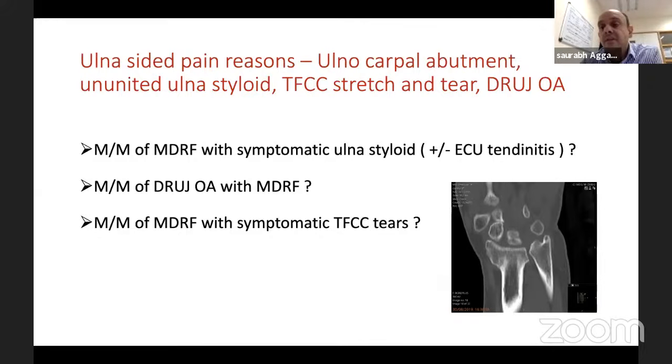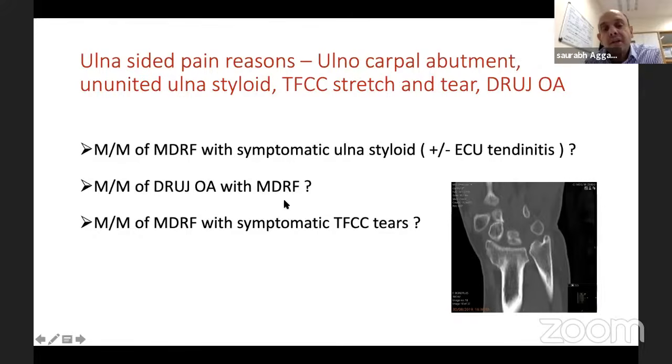ECU tendinitis, steroid injections. If not, open the sheath, debride it, do tenosynovectomy, and deal with it. So it has to be dealt with. How will you know whether ECU is involved or not? Again, clinically, and you can get an MRI or an ultrasound guided steroid injection before you do your surgeries.